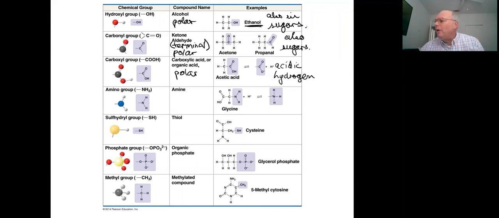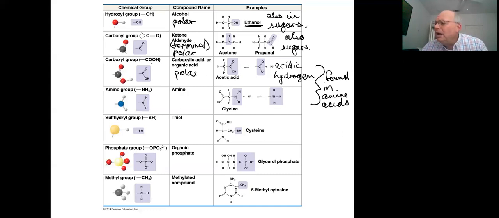So where might you find a carboxyl group? Well, in combination with the next functional group, called the amine group, you'll find these in amino acids. Amino referring to the fact that there's an amine group, and acid referring to the fact that there's a carboxyl group.